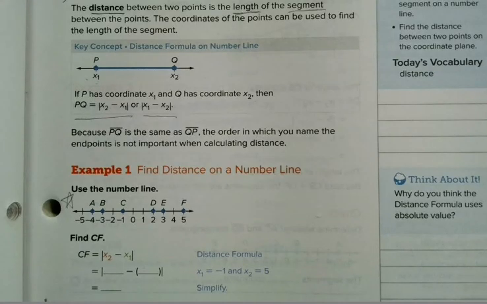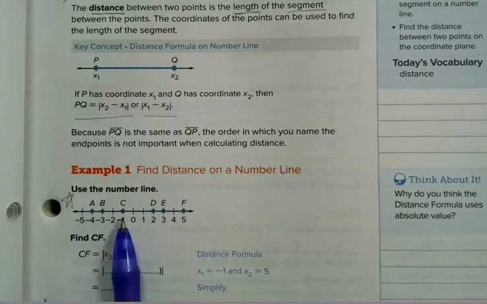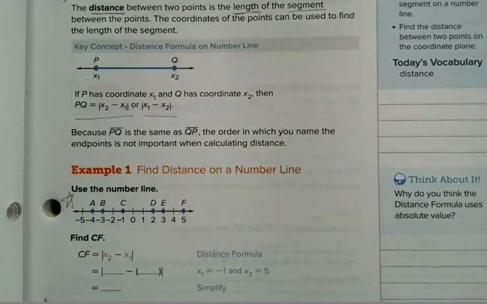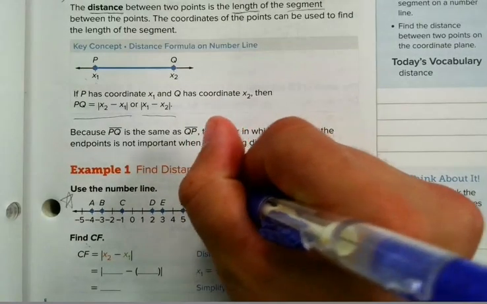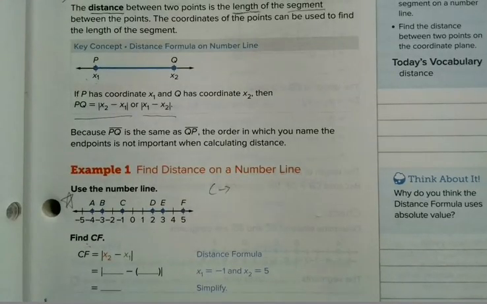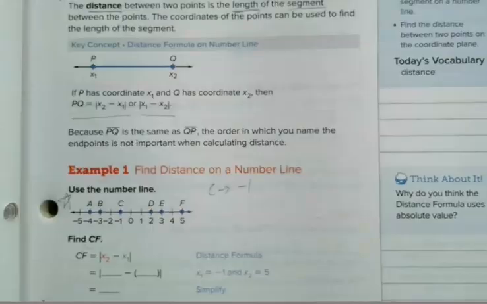Okay. Example 1. Well, it wants to find the length between C and F. It says find the length CF. What is the coordinate of C? I'll start with that. What's the coordinate of C? -1. This shouldn't be too hard at all.